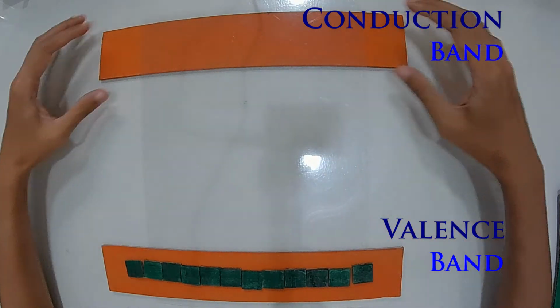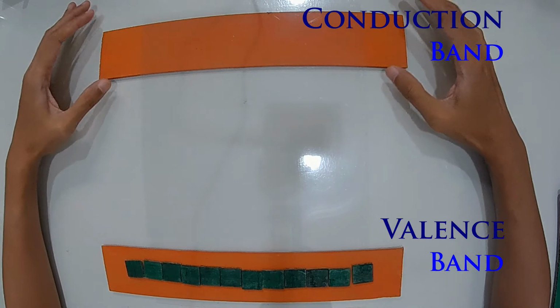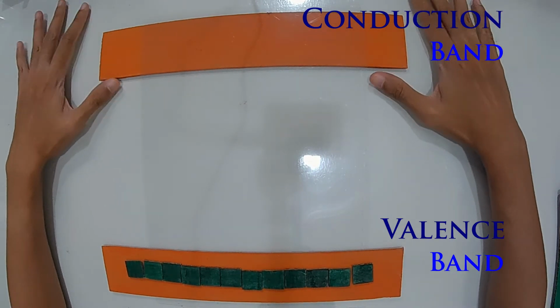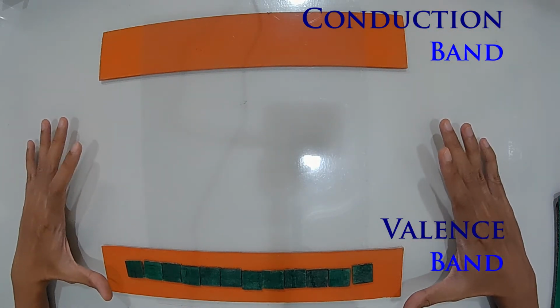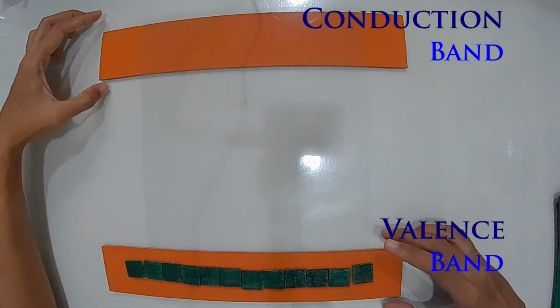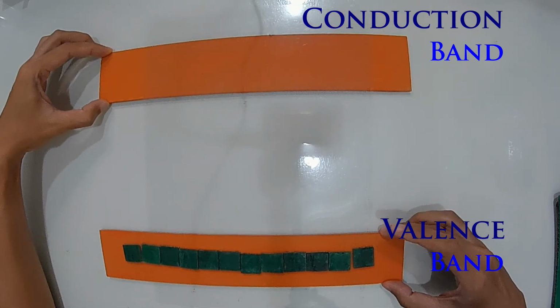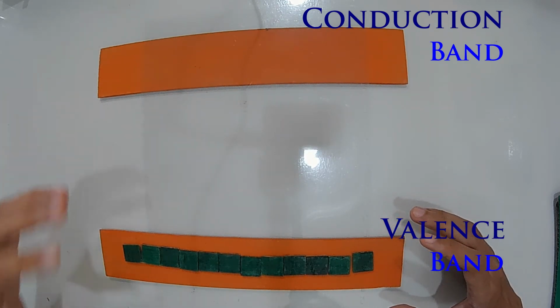It must pass through this line so that it can be said as conducting. If it cannot surpass this line, it still cannot conduct electricity. And the spacing of this energy level and how they are filled with electrons determines if the material is a conductor or insulator or semiconductor.